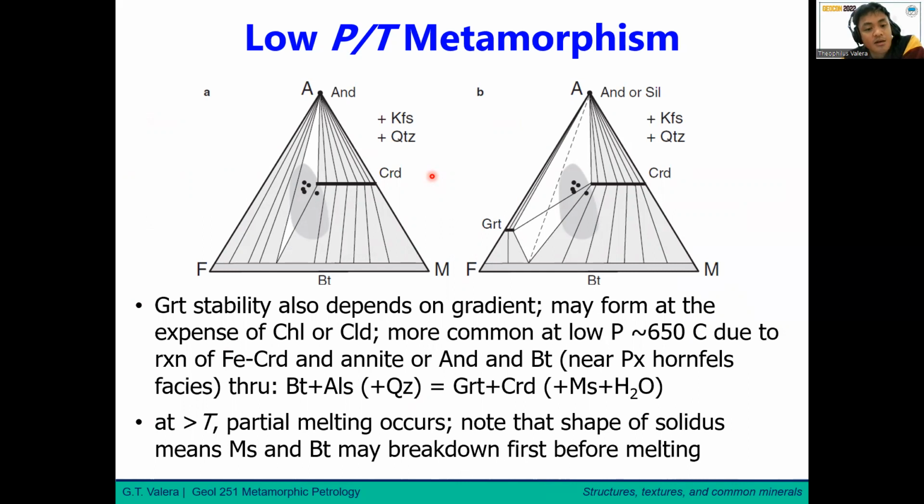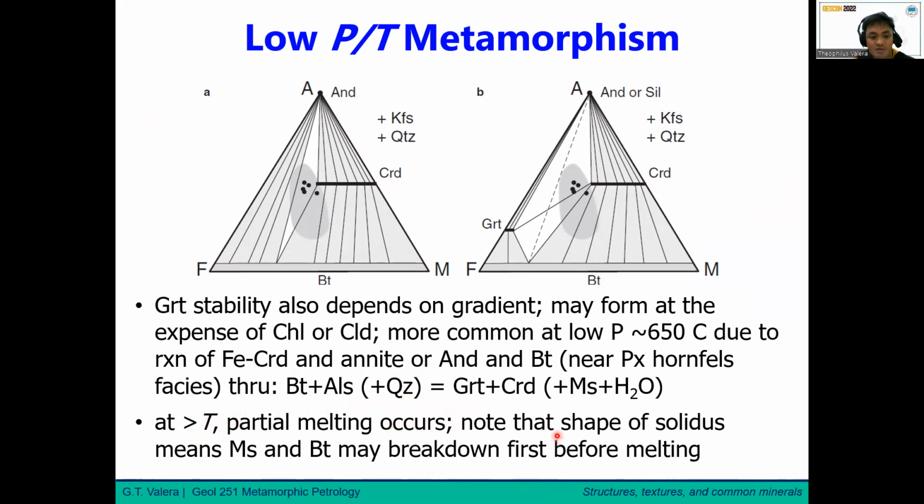It may form at the expense of chlorite or chloritoid, more common at low pressure above 650 degrees Celsius due to the reaction of iron cordierite and andalusite and biotite near pyroxene hornfels facies. At greater temperatures, partial melting occurs.